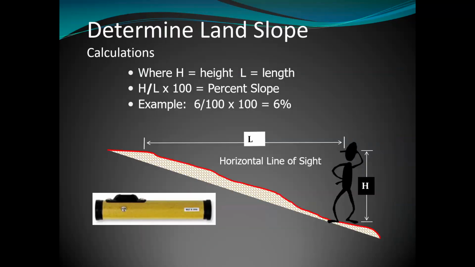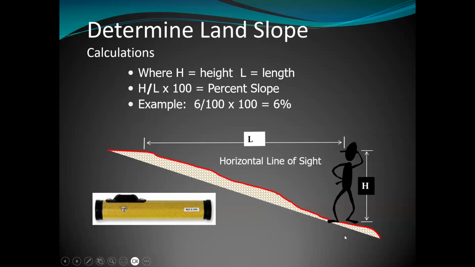So land slope: determining the direction and the percentage of land slope. You should be able to guess the direction from your contour lines, but to determine the actual percentage of land slope, it's rise over run, or the change in height over the change in length. The change in height over the change in length, times 100, is your percent slope.